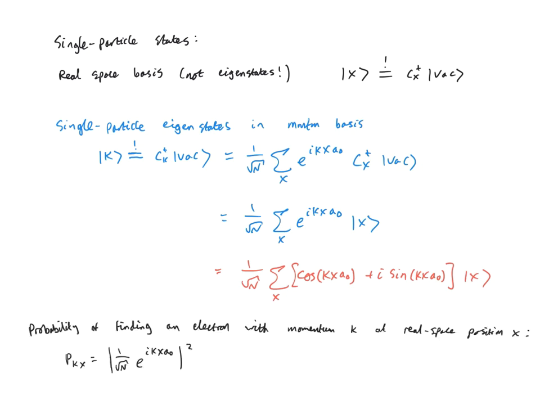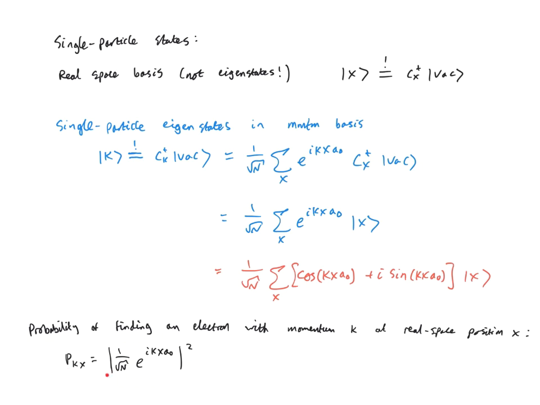If I want to know the probability to find an electron with momentum k at a given real space position x, then I just have to take the square modulus of this coefficient in here. It's the square modulus of the expansion coefficient of the eigenstate k in the real space basis x. I'll call that p_kx. It's the probability of an electron with momentum k being at position x.